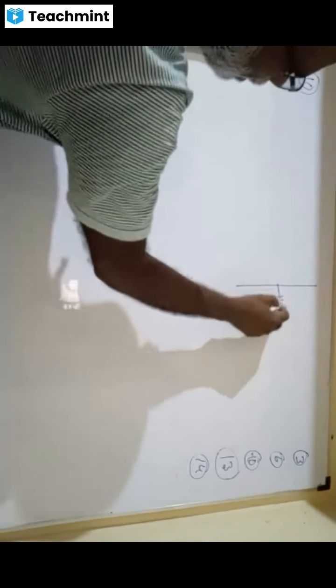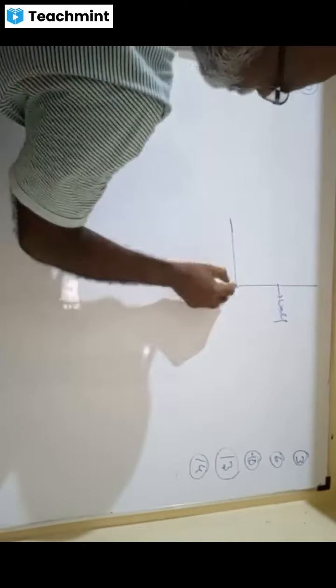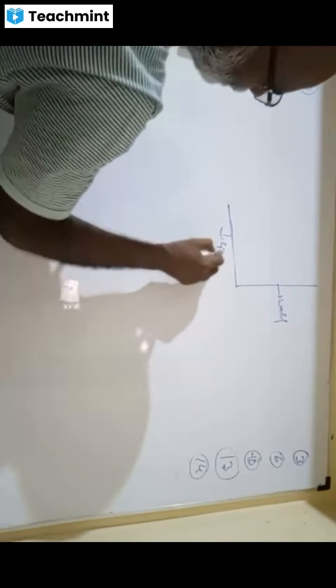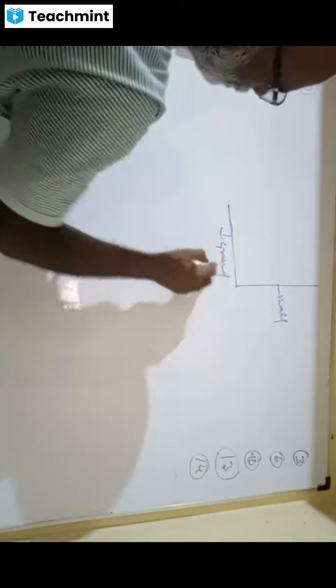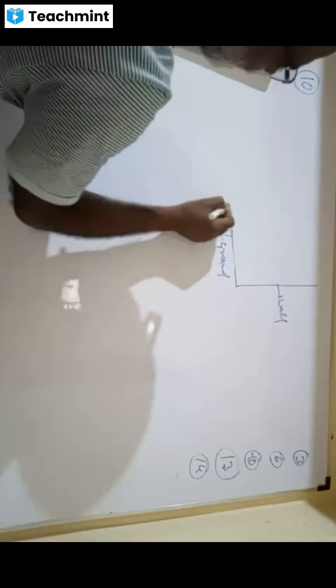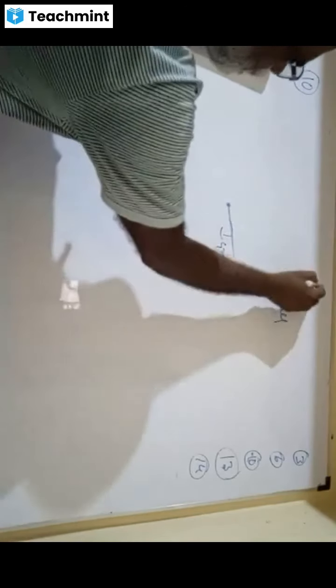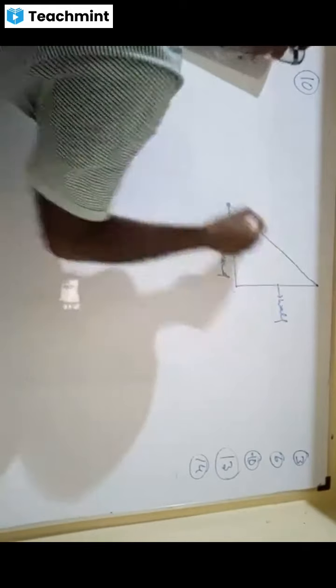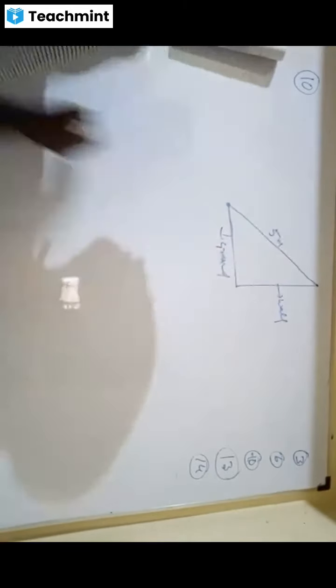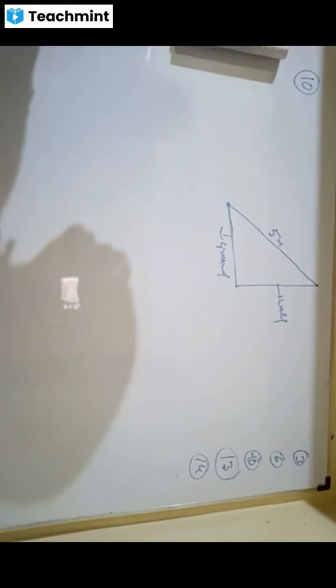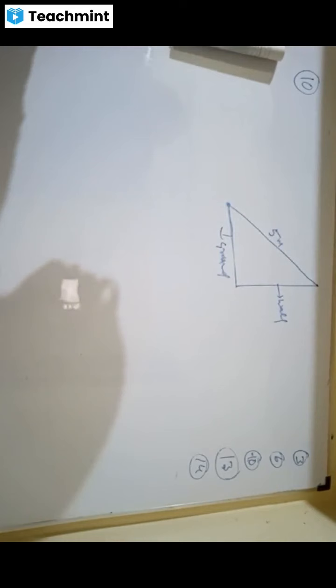This is the wall. This is the base, the ground. And there's a ladder, the bottom of the ladder and the top of the ladder. This whole length is 5 meters. The length of the ladder is 5 meters. The ladder is leaning against the wall.